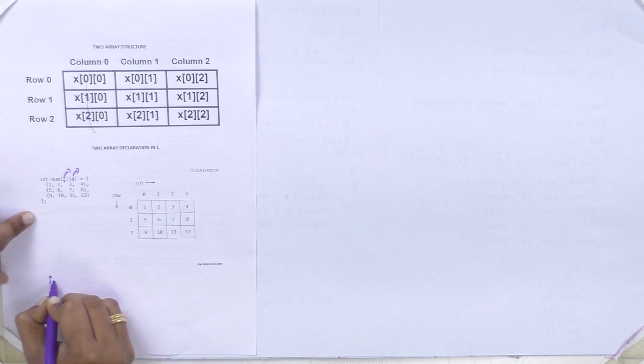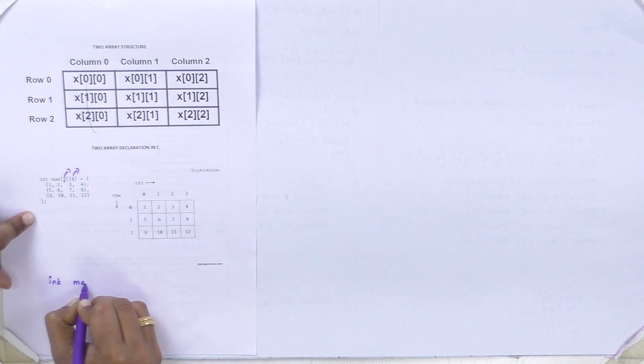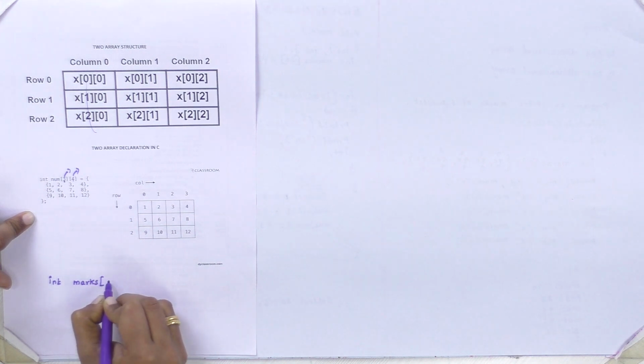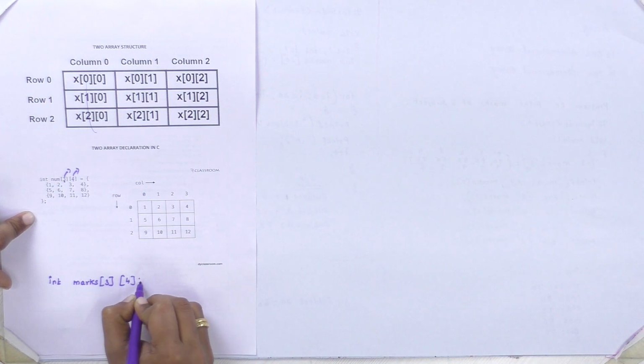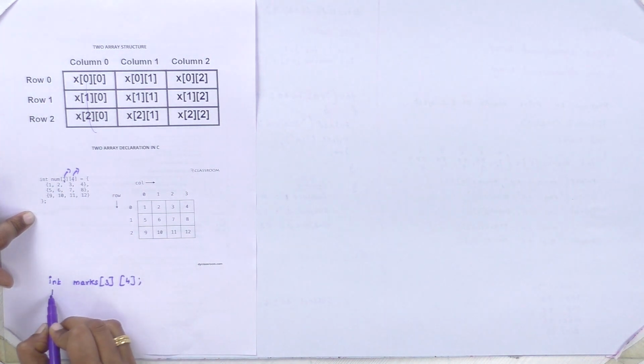So let's take int marks of size 3 and size 4. Here this one is the data type and this one is the array variable.